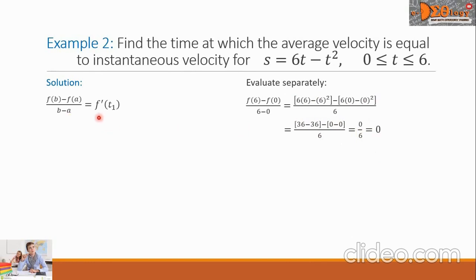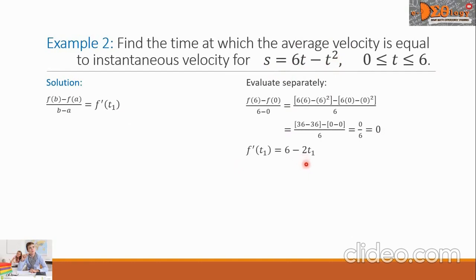Now for the right side, f prime of t sub 1. Let us take the derivative of this function and evaluate it at t sub 1. So our f prime of t sub 1 is equal to the derivative of 6t, which is simply 6, minus the derivative of t squared, which is 2t, but we will write here 2t sub 1.